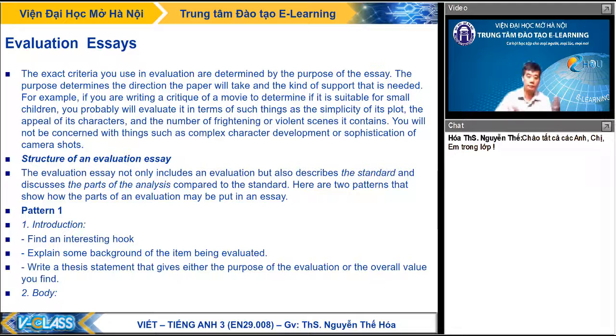And next, for the structure of an evaluation essay, we have several kinds of patterns. Now we move on to the first one. We also have an introduction, but in this part, you have to give the purpose of evaluation or the overall value you find.